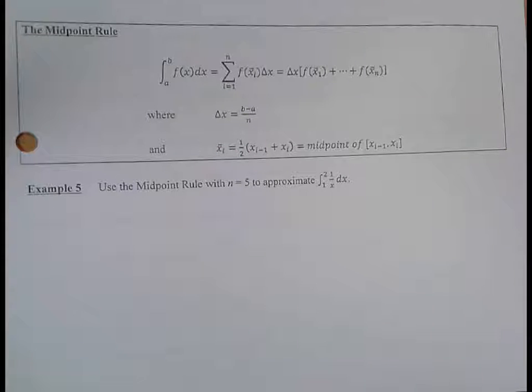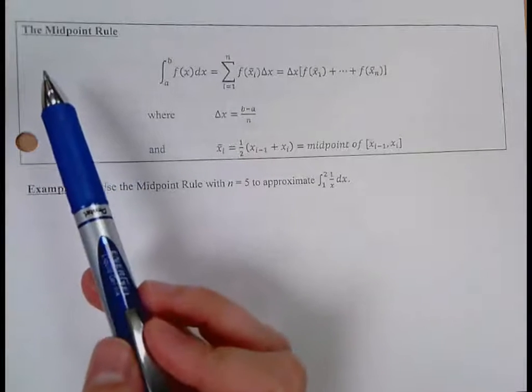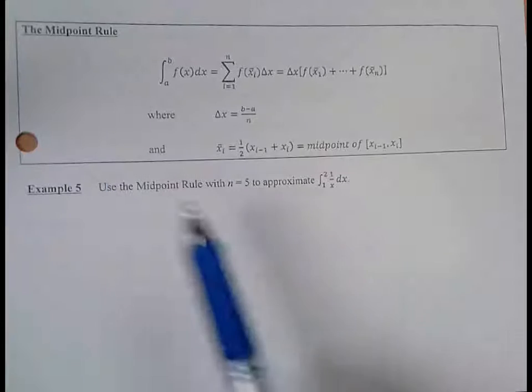So it's basically saying estimate the area using rectangles and using the heights as the midpoints of each interval. That's what the midpoint rule is. It's just giving it a specific name.